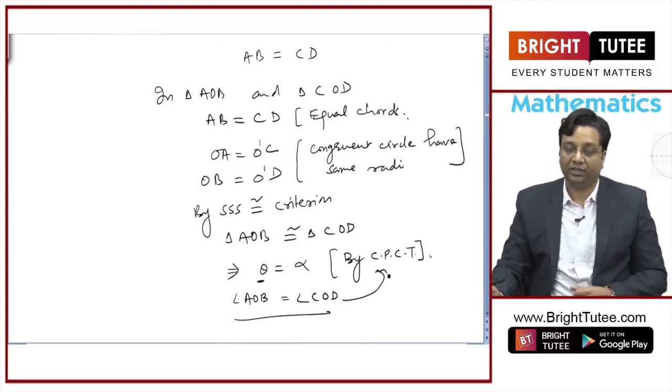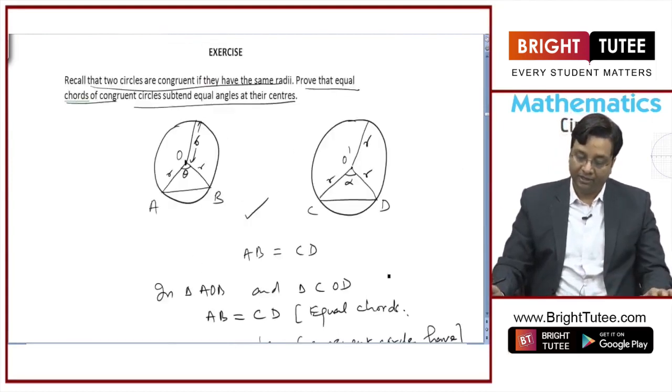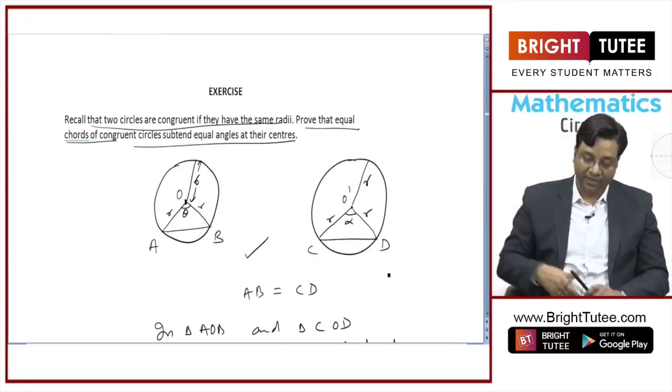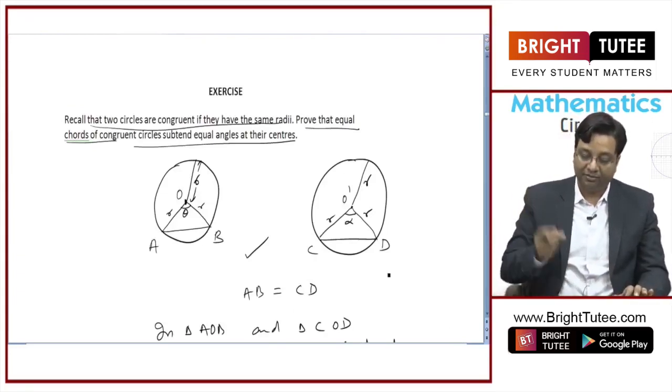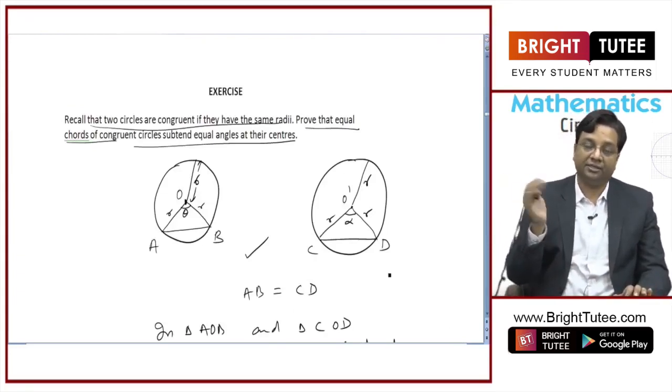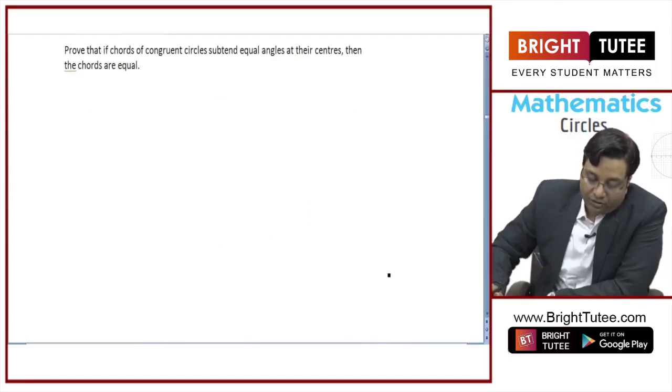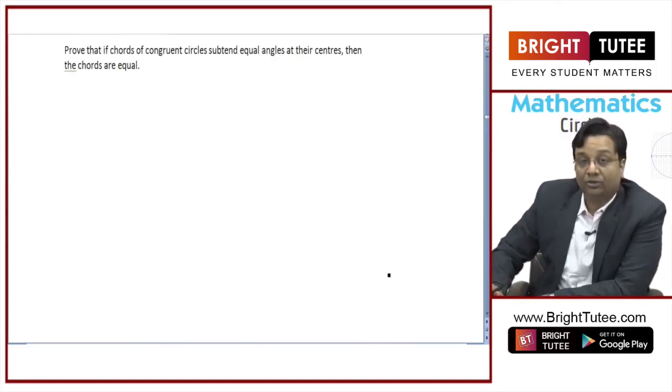Corresponding parts of congruent triangles are equal. So yes, if we have two congruent circles, then the angles subtended by equal chords at their centers are equal.